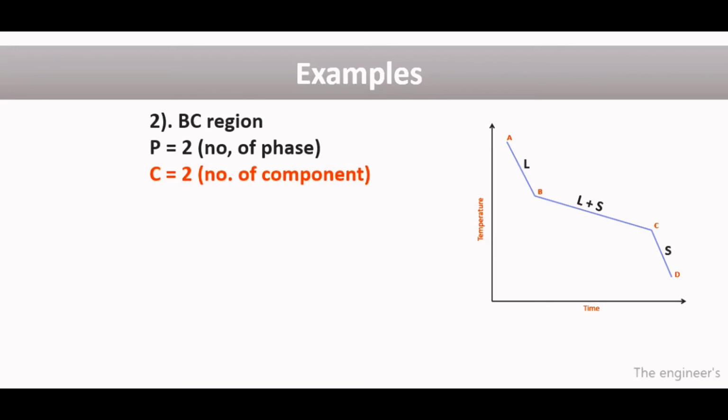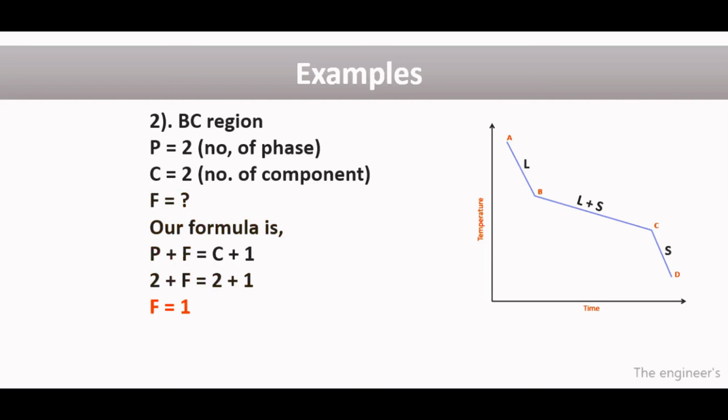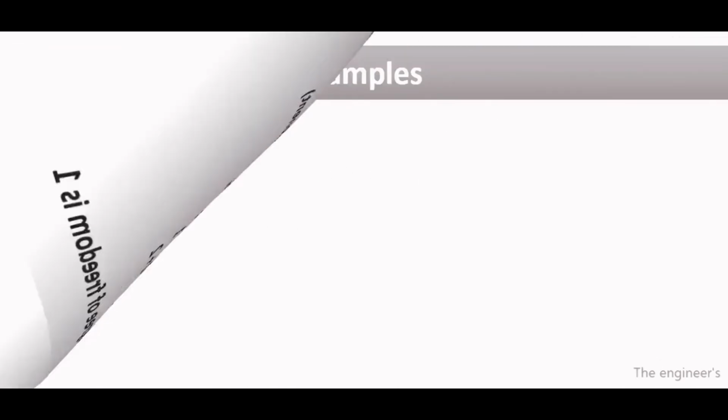So that's why at BC region we have two components. Here also we need to find the degree of freedom. Our formula for finding degree of freedom is P plus F is equal to C plus 1. Just put the value of P and C and simplify the equation. We get the value of F, that is 1. So degree of freedom for BC region is equal to 1. So let's move to the next example.